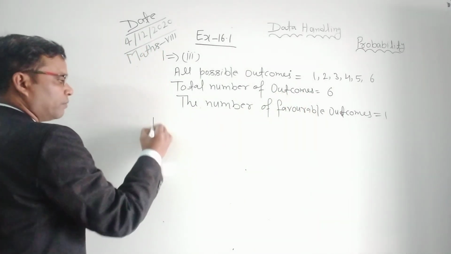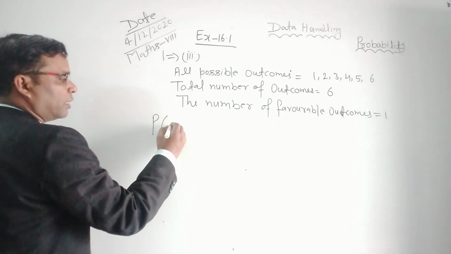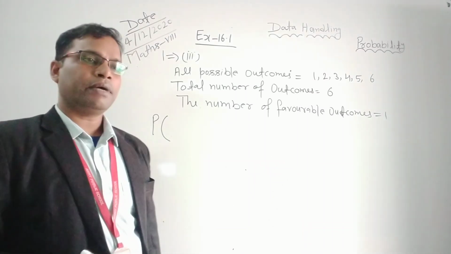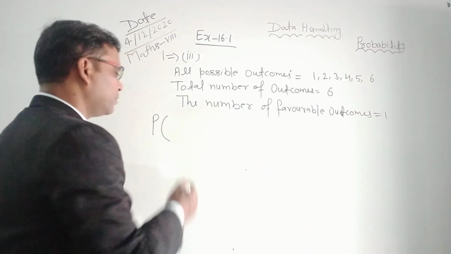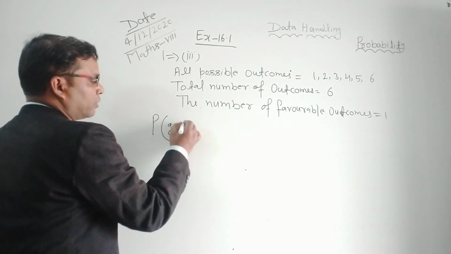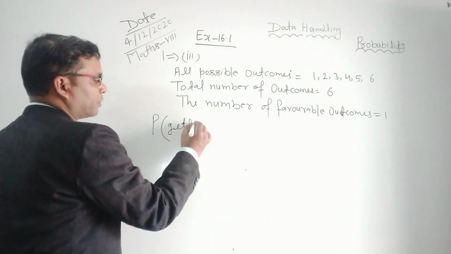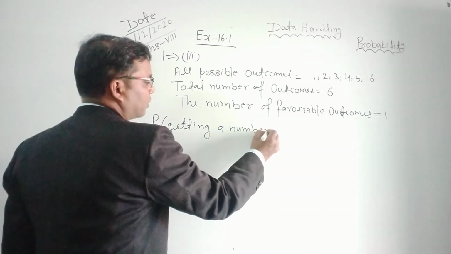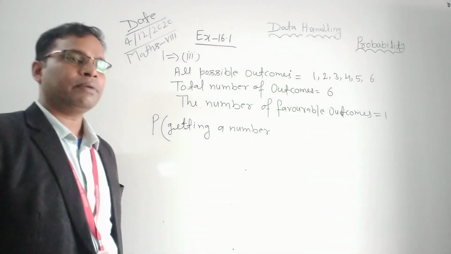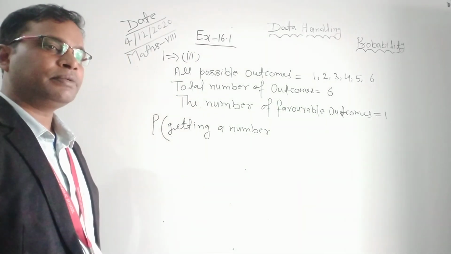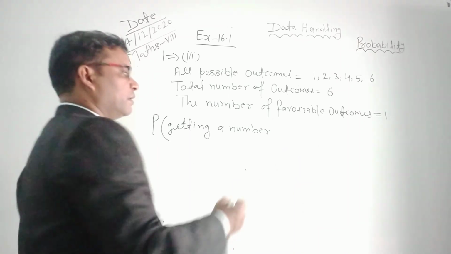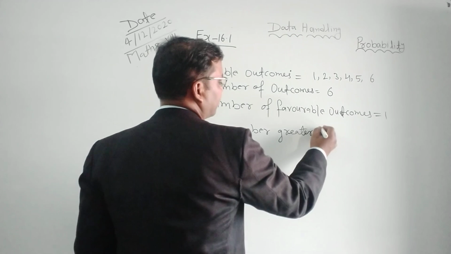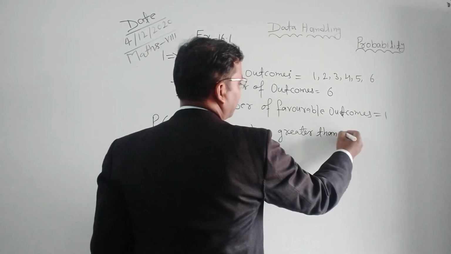So here you write probability of getting a number greater than 5.